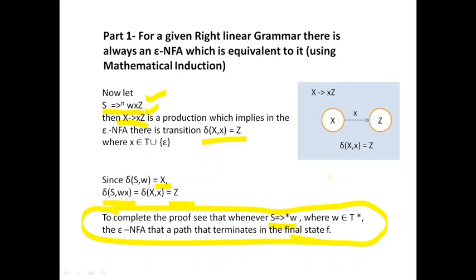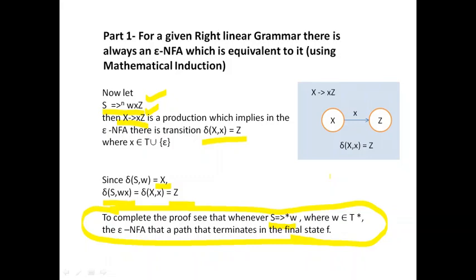So what we have shown so far is, if you have a regular grammar which is in right linear form, we can always construct an epsilon NFA which is equivalent to it. That is, this epsilon NFA will accept precisely the same strings that are generated by the right linear grammar.